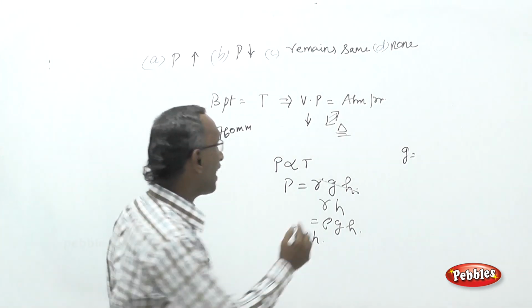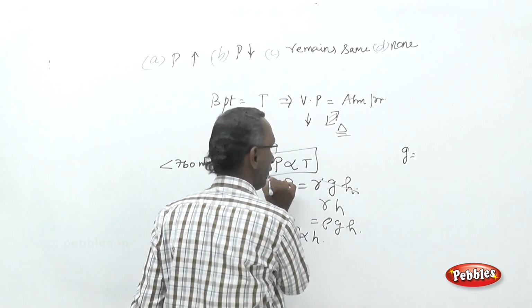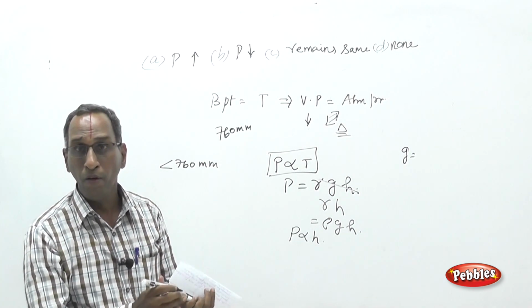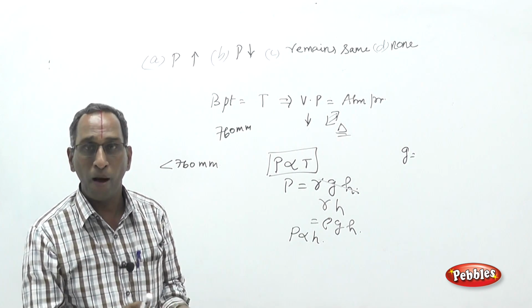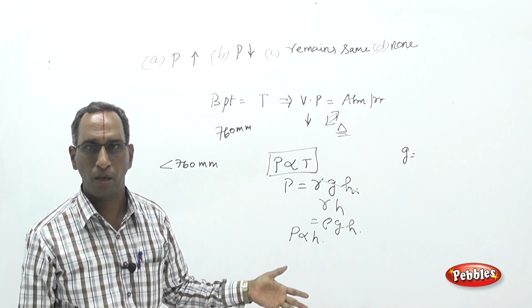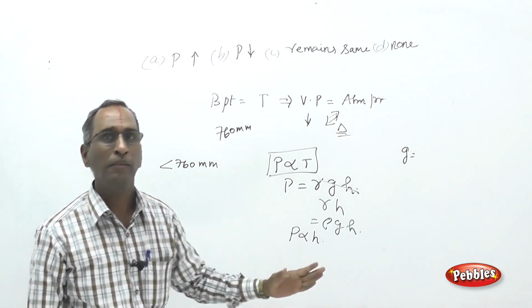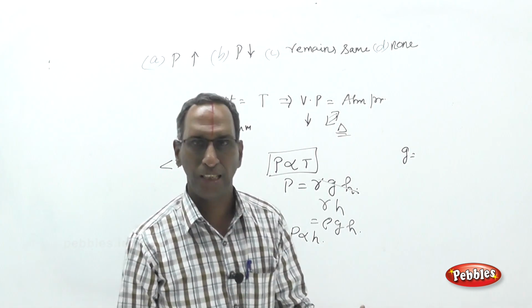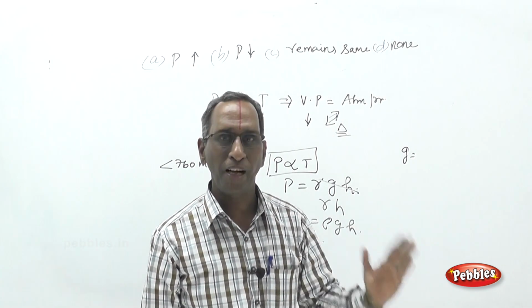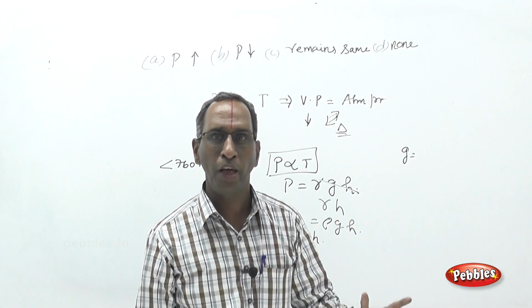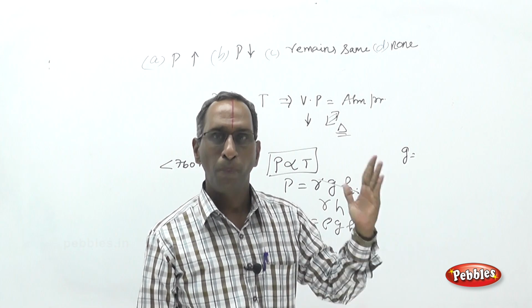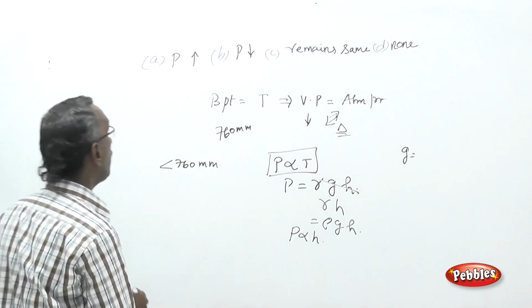That is, pressure is directly proportional to temperature, which is behind Boyle's law and Charles law. From this, we see that at high altitudes, pressure decreases. That is why without the use of a pressure cooker, it takes a longer time.